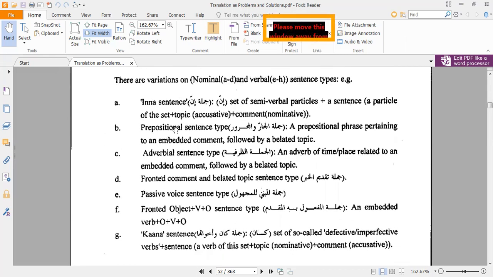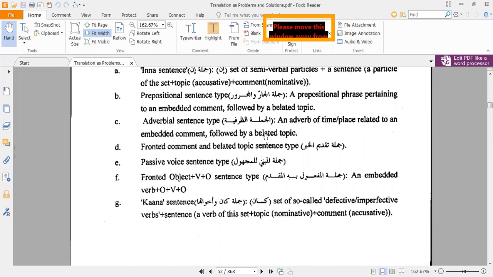Now نجي prepositional sentence types، جملة الجار والمجرور.